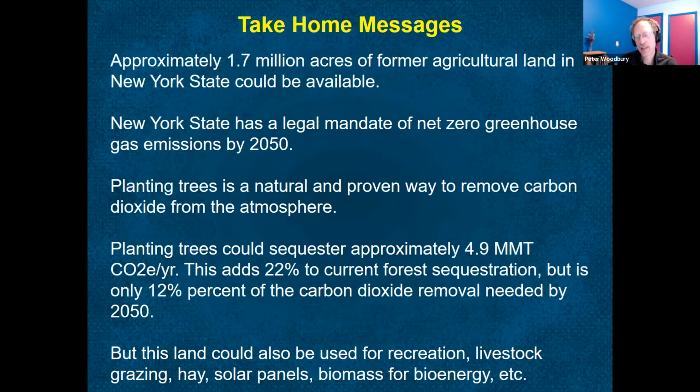As I mentioned, we actually estimated much more than this, more than 3 million acres, but we don't think it's feasible to consider that all of that land would be mobilized and used for any specific purpose, because people have so many different interests in what they want to do with their land.